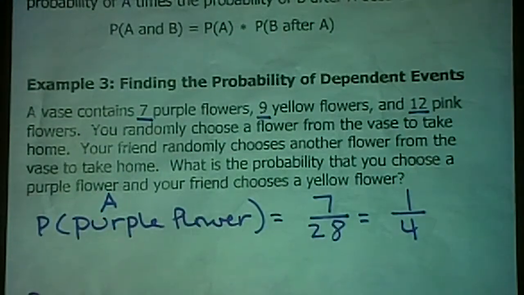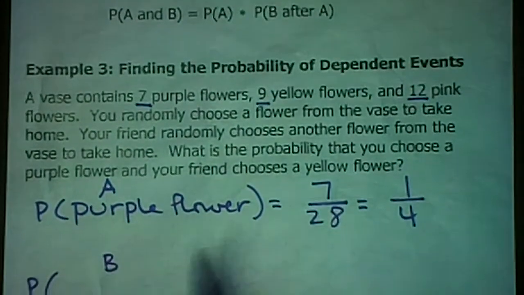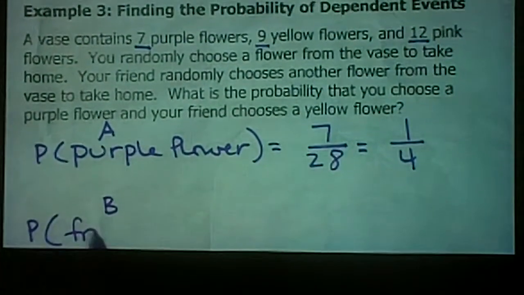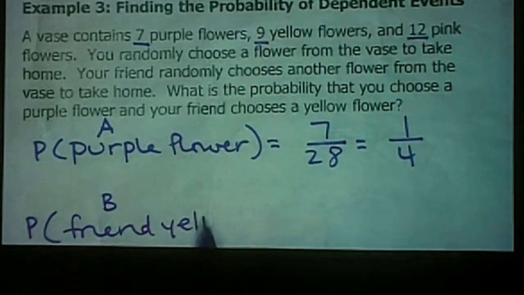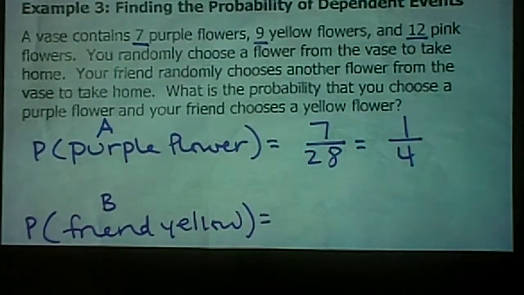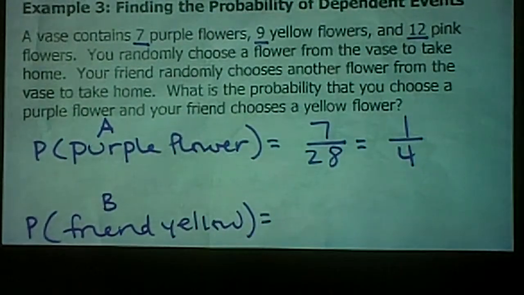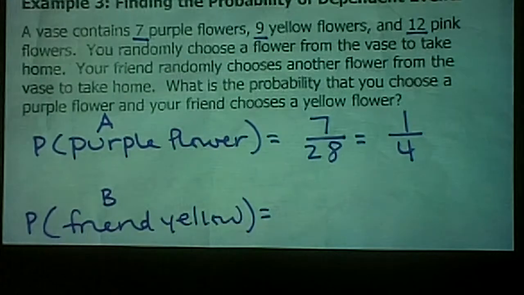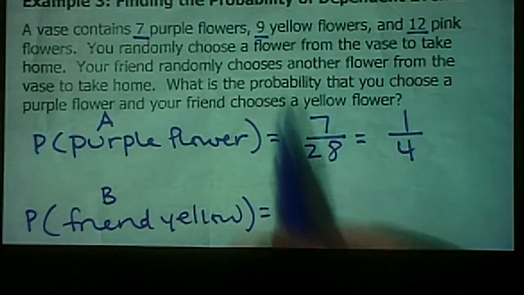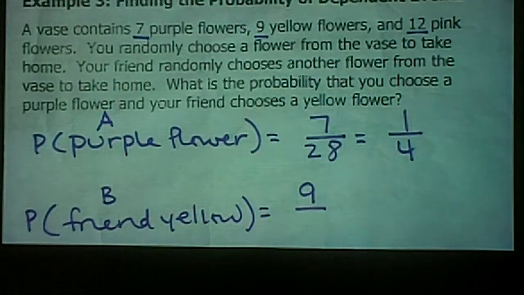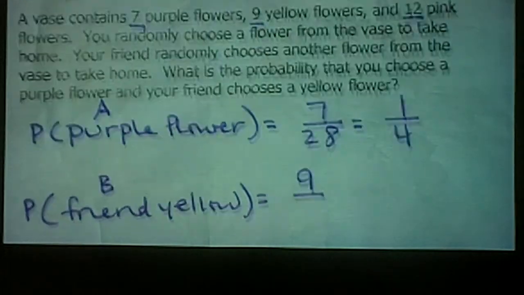Now the probability of event B is your friend choosing the yellow. Now this is the event of my friend choosing the yellow after I chose a purple already. So there are still 9 yellow flowers in this vase, but didn't I just take one out?